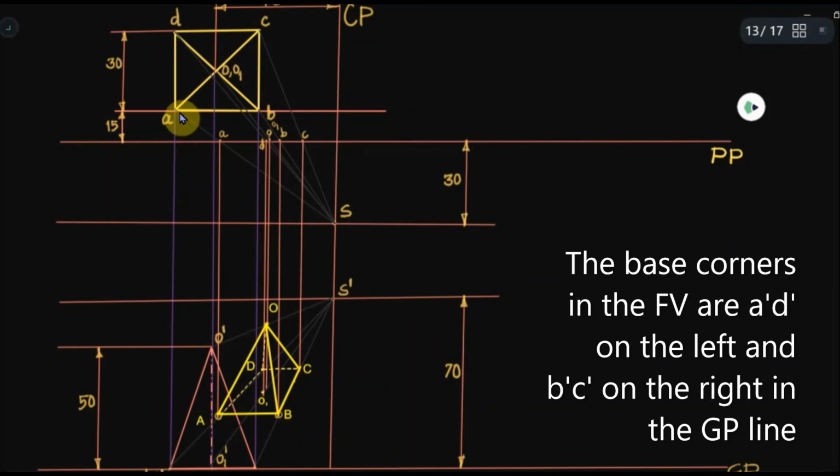So here the edge AB is parallel to the picture plane line, and in the perspective view is also parallel to GP. And here you have the edge CD, the farthest one from PP, that is parallel to the PP line, and that base edge DC is also parallel to GP in the perspective view.